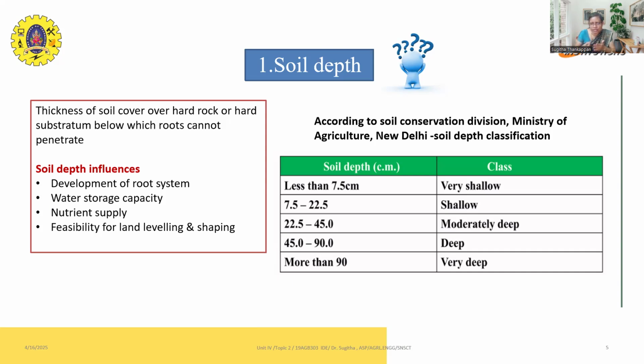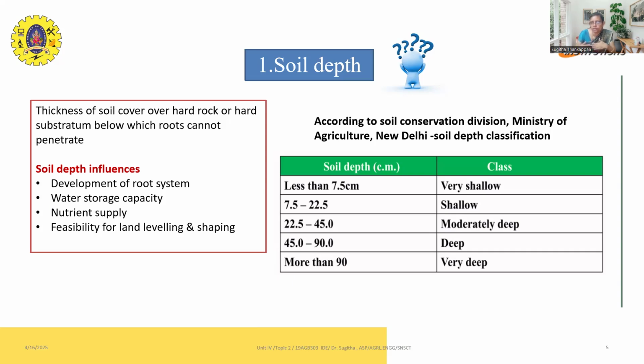You can grow very tiny plants like grasses or some annual crops under this condition, and 7.5 to 22.5 is categorized as shallow.